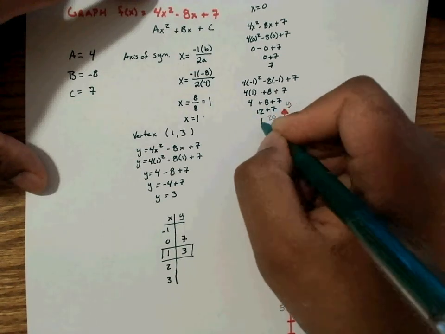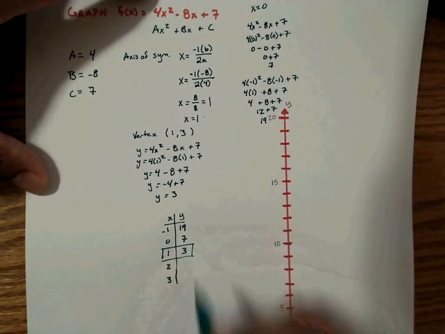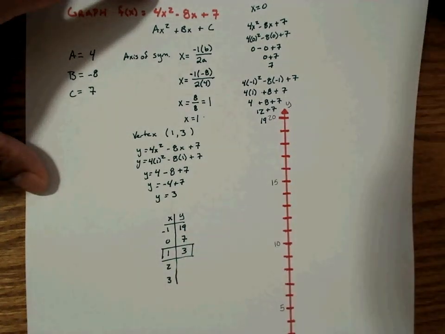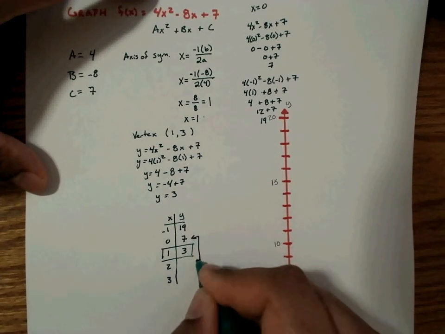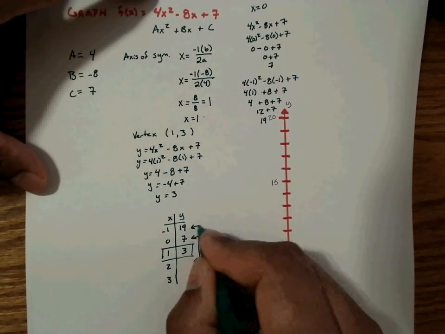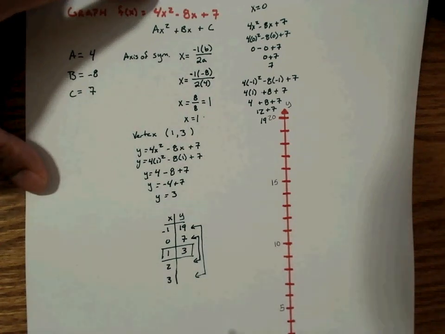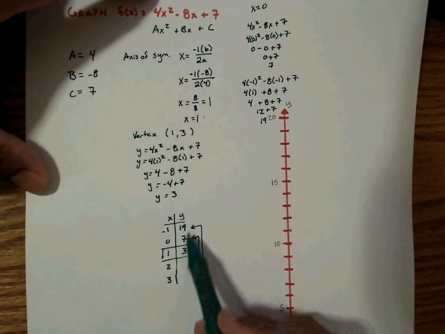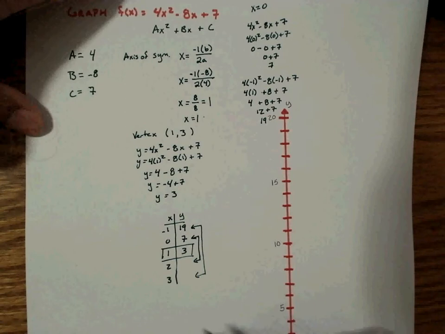And 12 plus 7 is 19. So we know this is 19. Hopefully we realize by now that these numbers are going to repeat. But like I tell y'all, you should go ahead and do these values to make sure you didn't make a mistake on here, especially on a test and you have time.